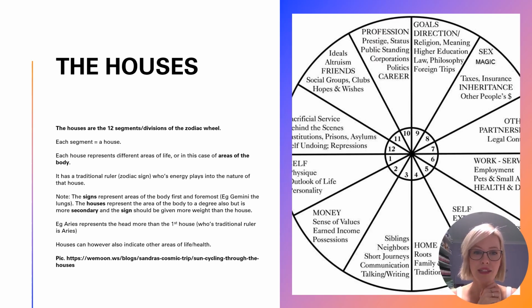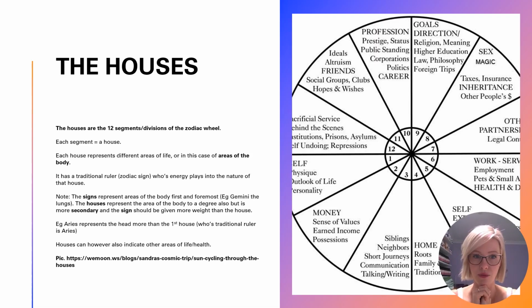Each house represents a different area of life, or in this case, areas of the body. It has a traditional ruler or zodiac sign whose energy plays into the nature of that house. Note, the signs represent areas of the body first and foremost. So for example, Gemini and the lungs.